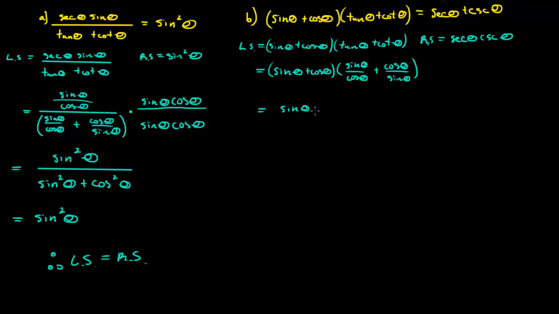So I can say that sine theta plus cos theta times, if I find a common denominator, I have sine squared theta plus cos squared theta all over sine theta cos theta.